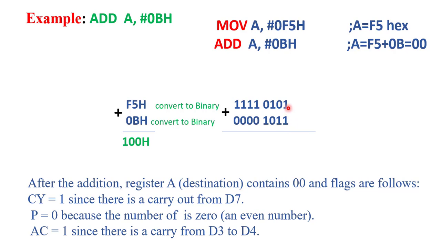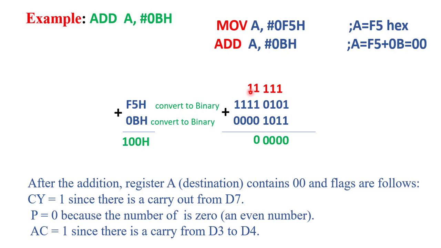In binary addition, 1 plus 1 equals 0 with carry 1. Now 1 plus 1 again equals 0 with carry 1. Now this one and this one: 1 plus 1 again 0 with carry 1. Next, 1 plus 1 again 0 with carry 1. Next, 1, this carry 1 and 1. When we add 1 and 1 in binary, the result is 0 with carry 1.